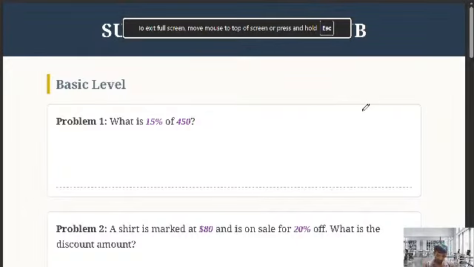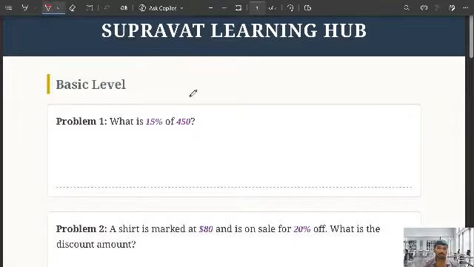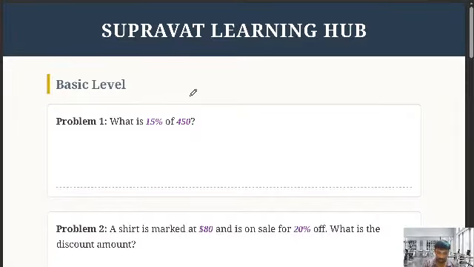Am I visible and audible? Then please let me know. Okay, I'm checking if I am visible or not. So yes, I'm clearly visible and audible.